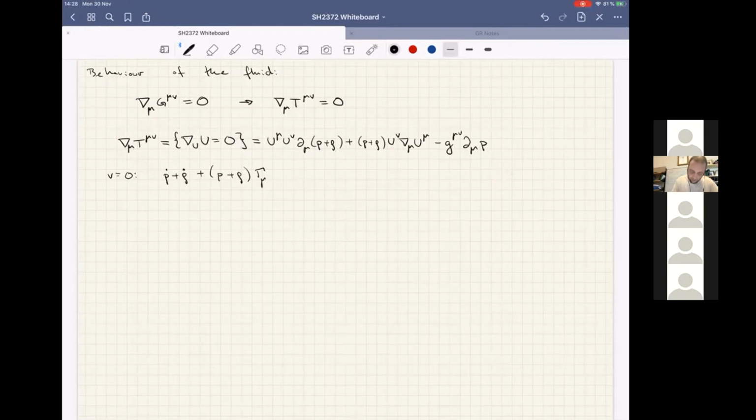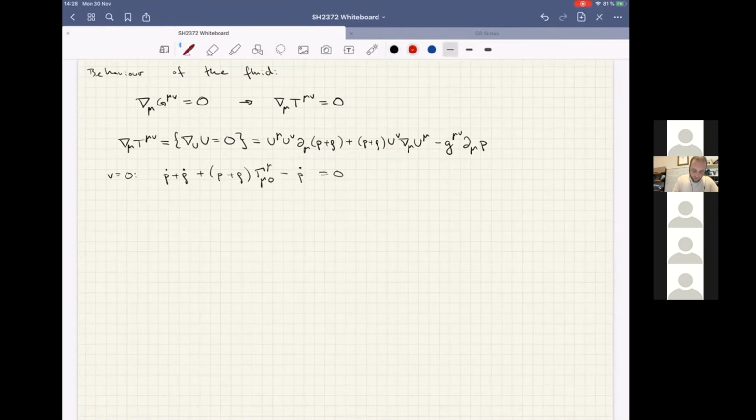Γ^μ_μ0 minus g_00, which is 1, and then just ṗ. And this should be equal to 0.